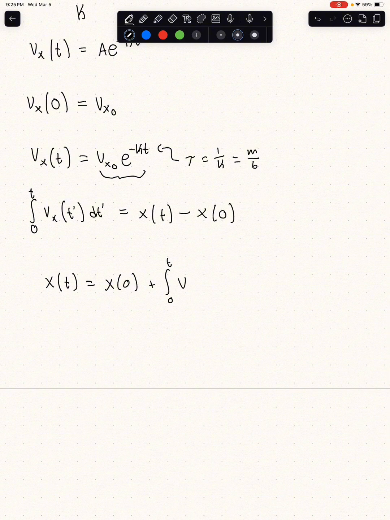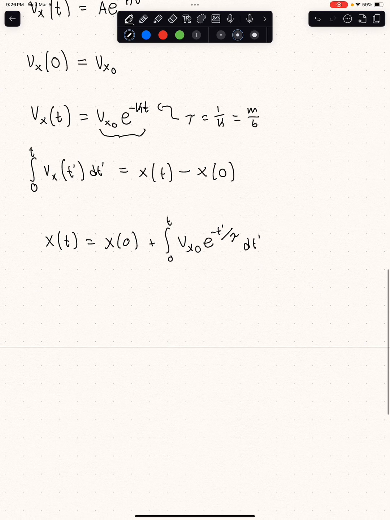So we plug in vx naught, e, and then the change of variables: negative t prime divided by our new variable tau, with respect to dt prime. Oftentimes at time equals 0, we're going to consider the position to be 0.